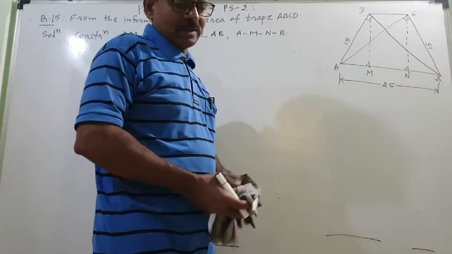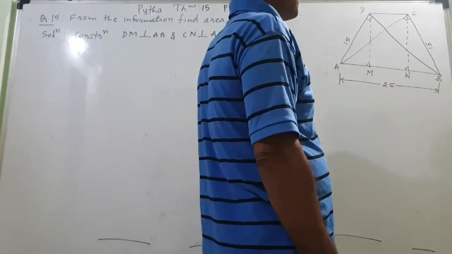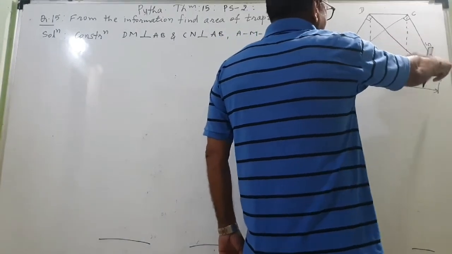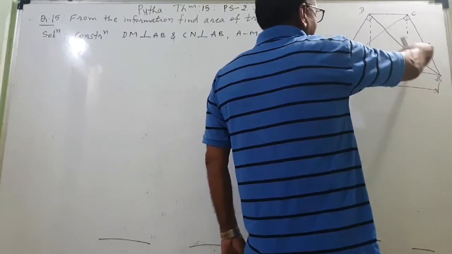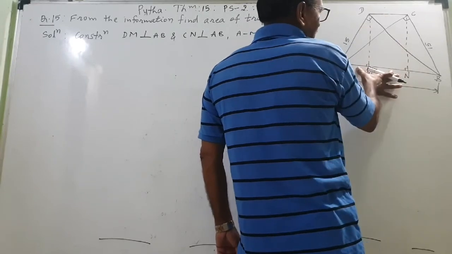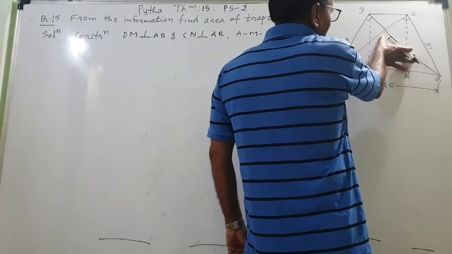So for that matter, what I will do is look at the right angle triangle ADB. In right angle triangle ADB, this is 90 degrees and this is the hypotenuse. Hypotenuse square is equal to one side square plus other side square.